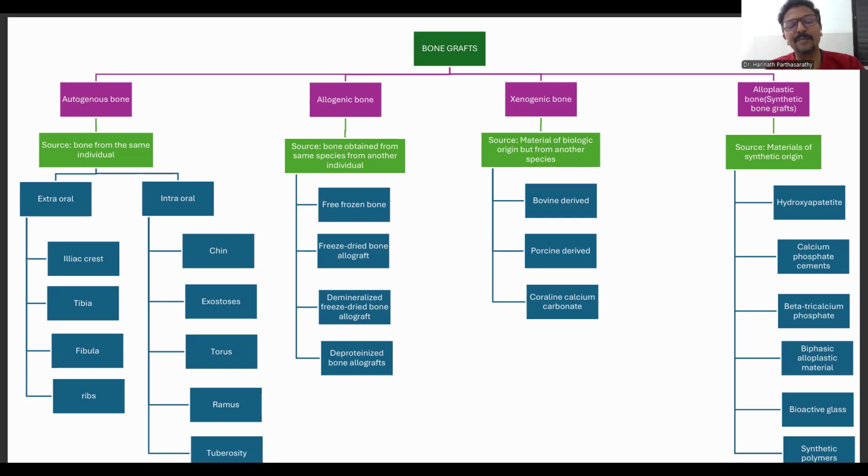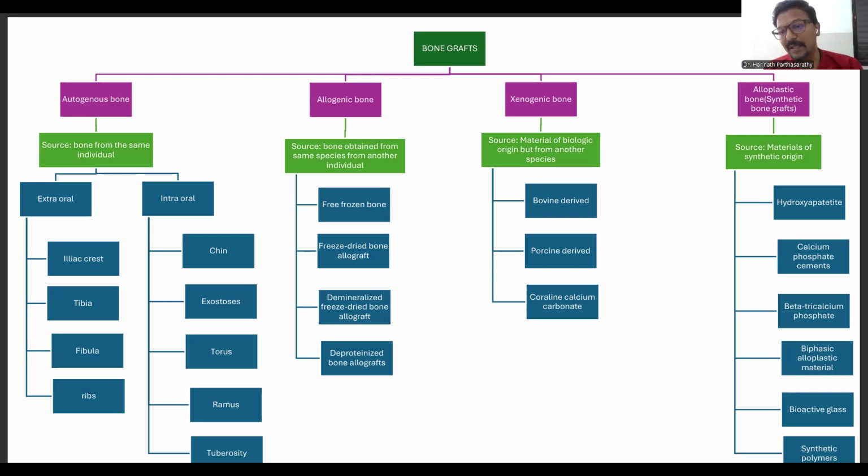They are good in terms of bone formation, but the problem is that they resorb very fast, which means they cannot stay for a long time at the surgical site for bone augmentation and bone regenerative procedures.